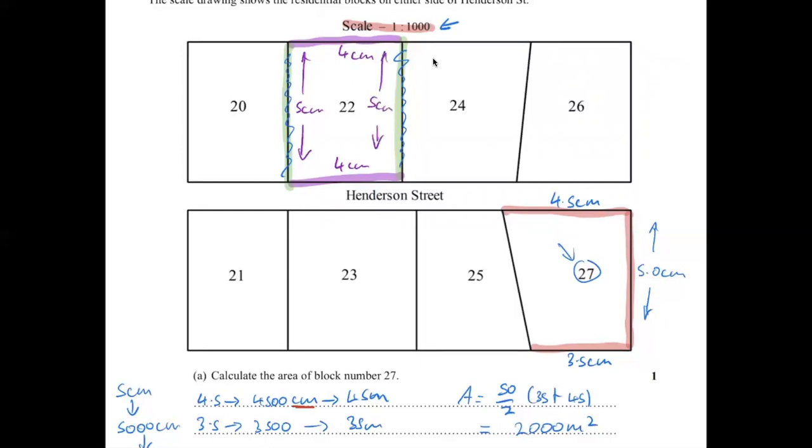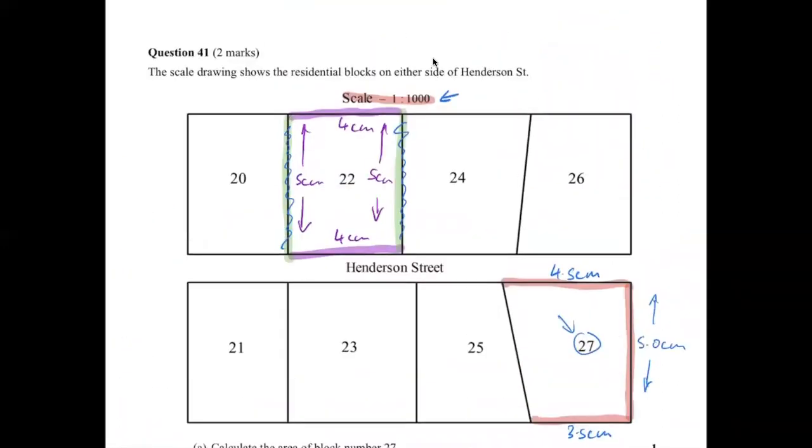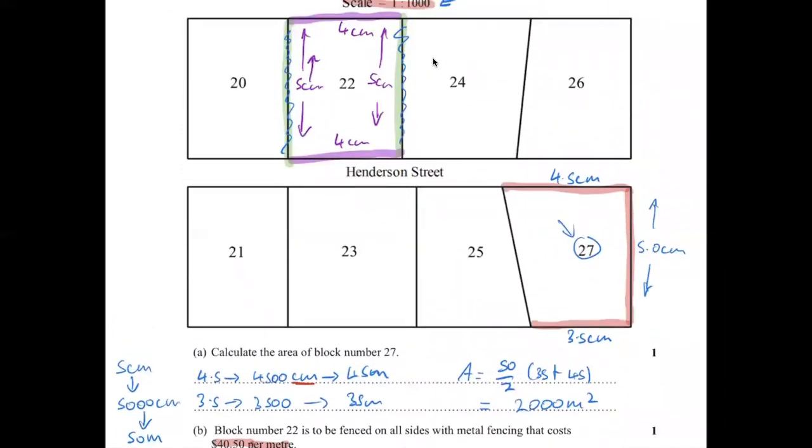So let's calculate the total cost, and we're going to break this down a little bit. Our total cost is going to be equal to two lots of, if we put this into meters, by the way, our 5 centimeters we know is 50, our 4 centimeters is going to be 40 meters. So 50 on the vertical side going up and down here.